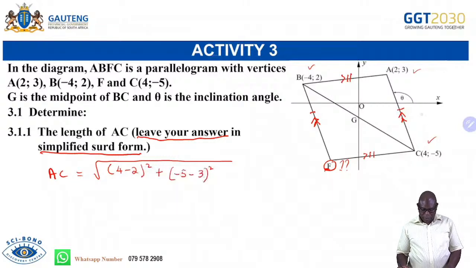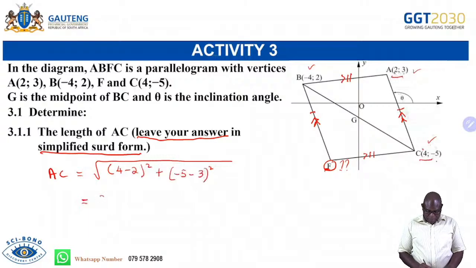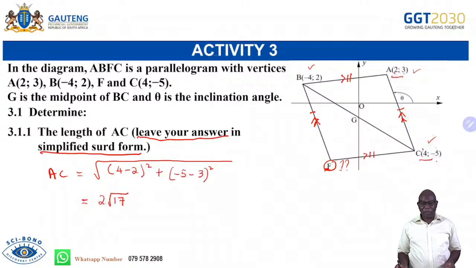So if you check this here, for AC, it will be 4 minus 2 squared and minus 5 minus 3 squared. If I put this in my calculator, immediately it will give me 2 root 17. And that is in a simplified surd form.